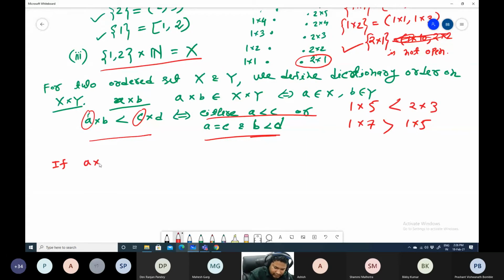If (A, B) is less than (2, 1), since this is already the lowest one, then A is less than 2, which implies A equals 1.